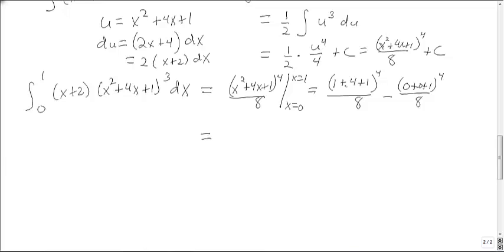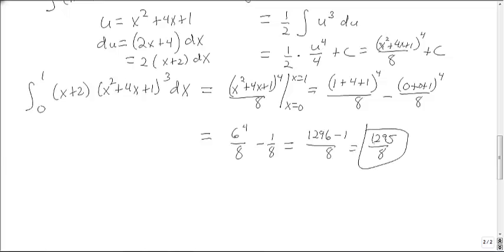And then what I'm going to get, let's see, 1 plus 4 plus 1, that's 6 to the 4th over 8, minus 1 to the 4th is just 1 over 8. So let's see, 6 to the 4th is 36 squared. That's going to be 1296 minus 1 over 8. So I'm going to end up with an answer of 1295 over 8. So I should get a number out of this calculation.